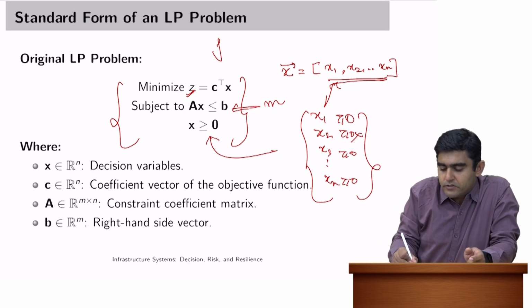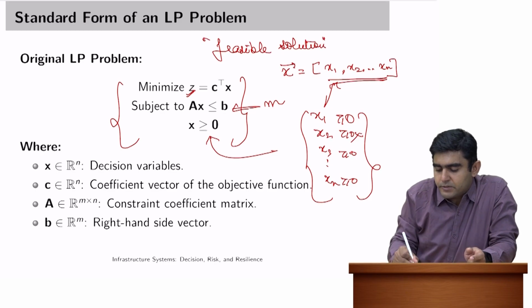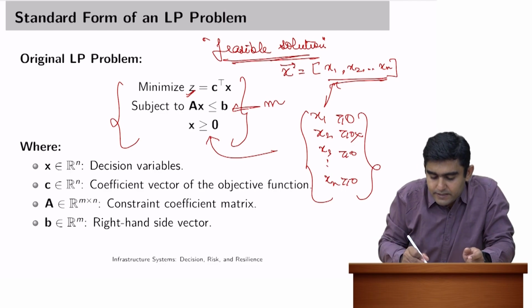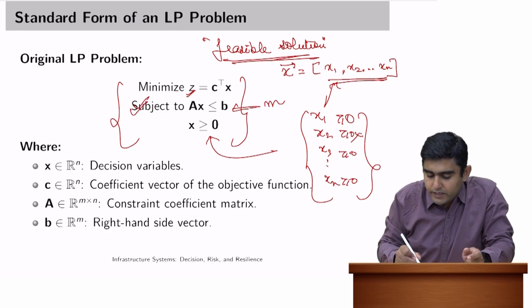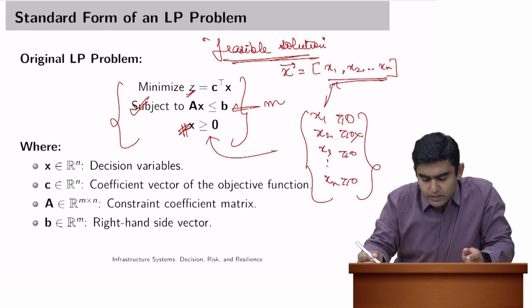We will be using this word feasible solution quite a lot in simplex problems, and a feasible solution is essentially those values of x that satisfy all the constraints while ensuring that none of them have a negative value.